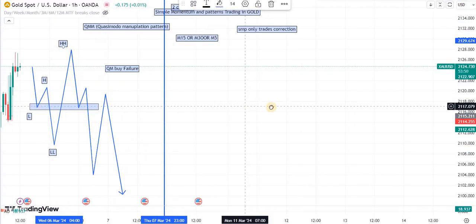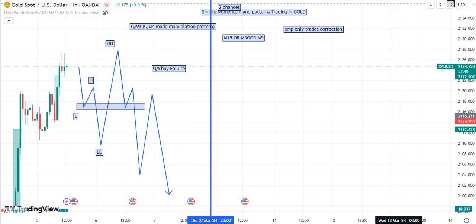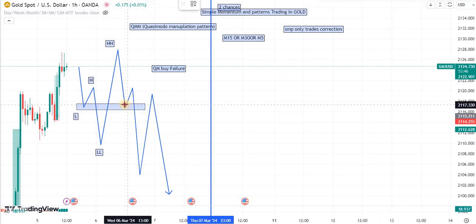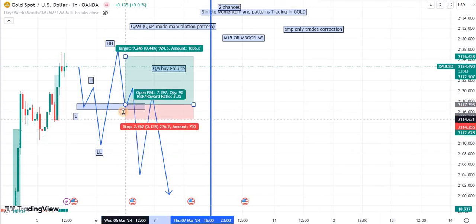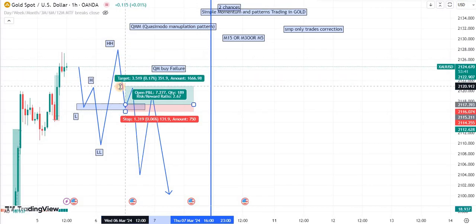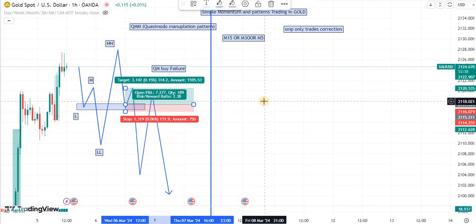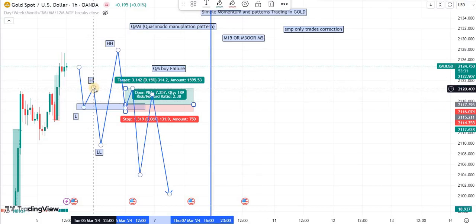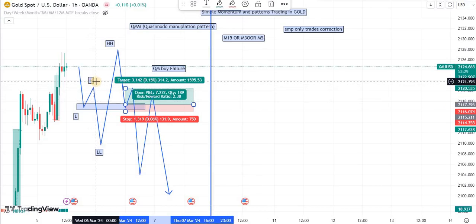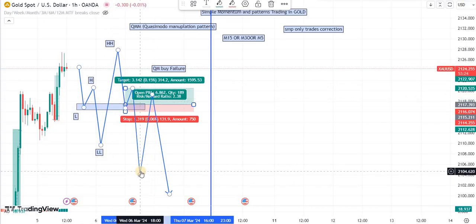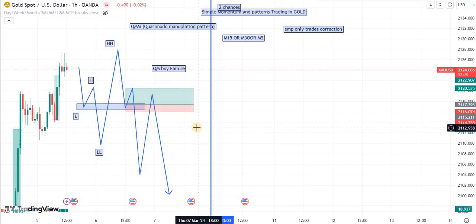As we had planned our trade from this particular level, our first TP was this high point. So what the market has done is it has come over here and again dropped towards the downside. So this is a failure of QM buy.